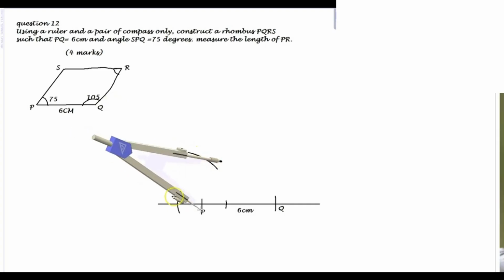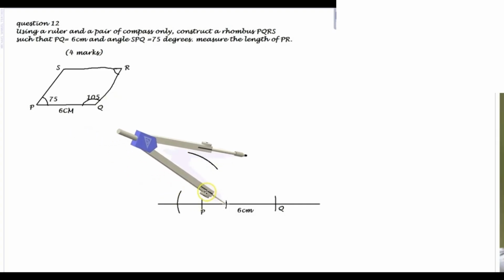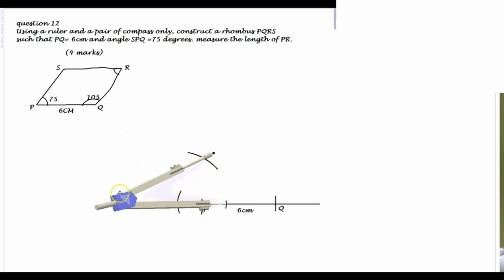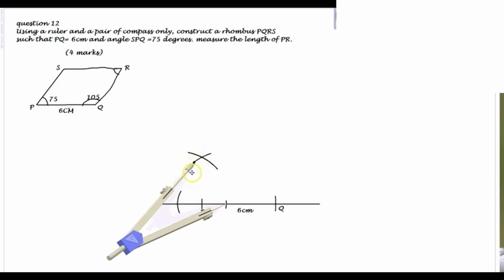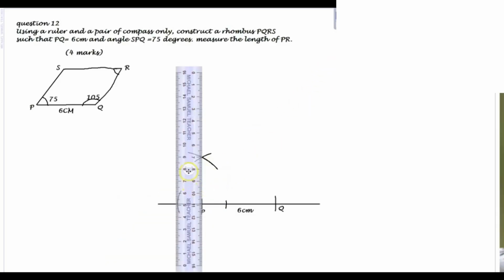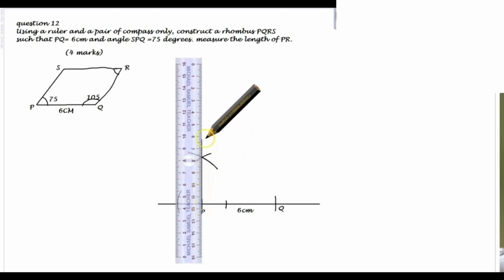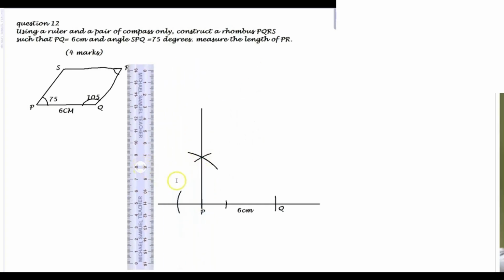I also use the other arc as the center, and mark above. Then I'm going to use a ruler and draw. So that is it. I have a perpendicular at P.